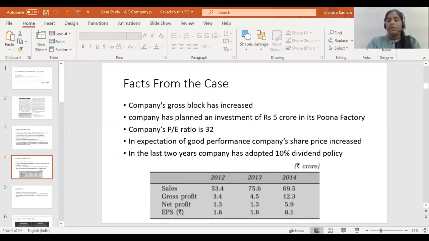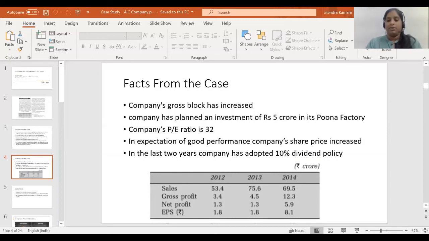More PE ratio means the investor is expecting a good return from the company and is ready to pay more and more for purchasing that share. So higher the PE ratio, better for the company and for the investors as well. PE ratio is based on the future expectation of the investors, and there is an inverse relationship of PE ratio and the cost of capital.